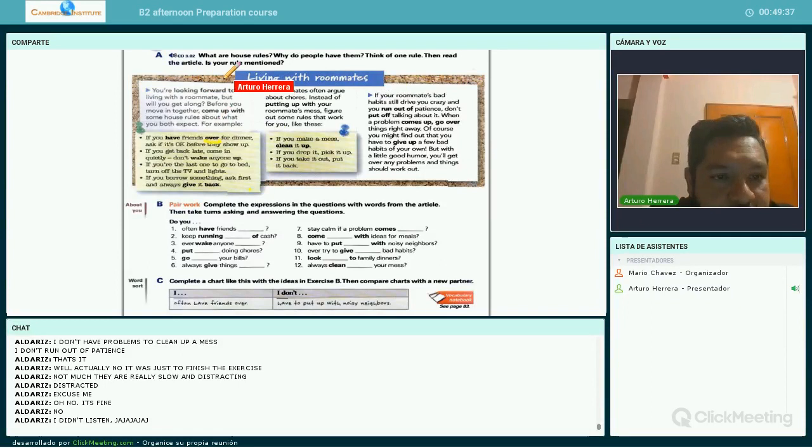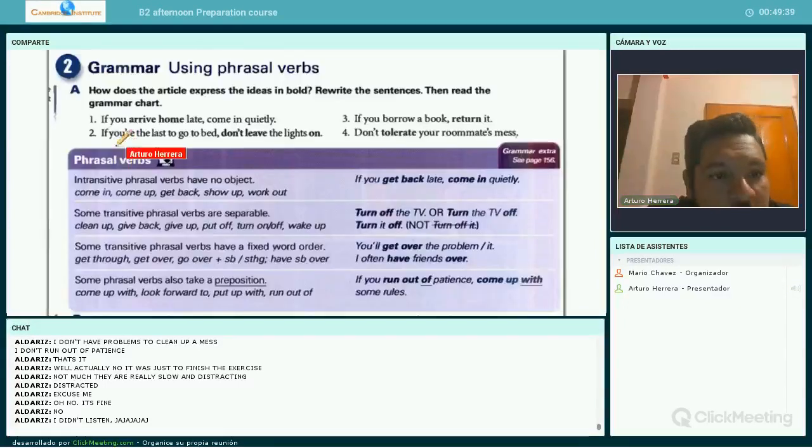Look at the first part. If you arrive home late, come quietly. Which phrasal verbs can you use in order to rewrite the sentence?